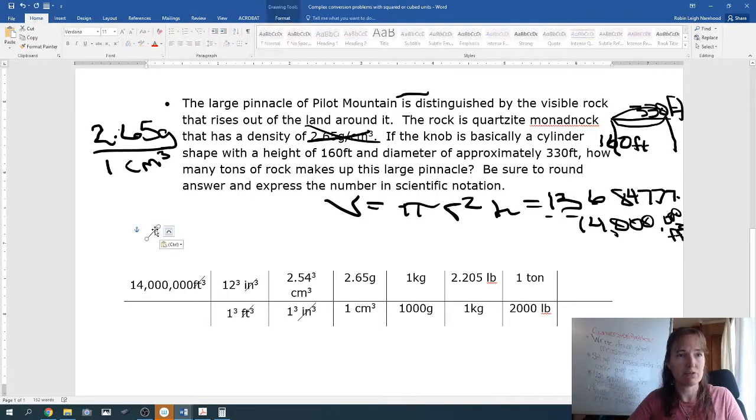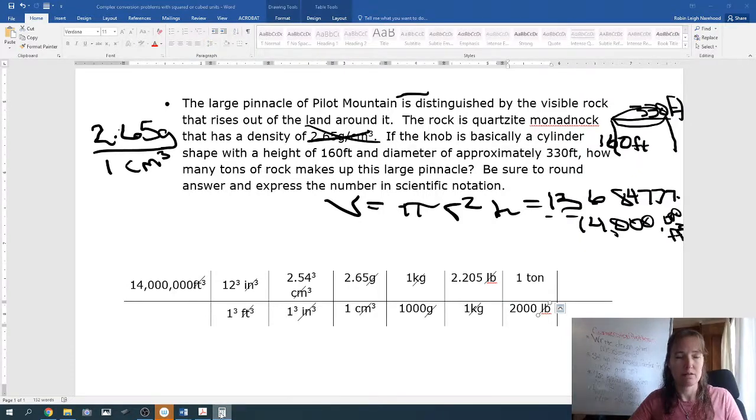And I can cancel centimeters cubed because it's on top and bottom. And I can cancel grams because it's on top and bottom. And kilograms cancels out. And pounds will cancel, leaving us with tons. So now we just need to do the math.